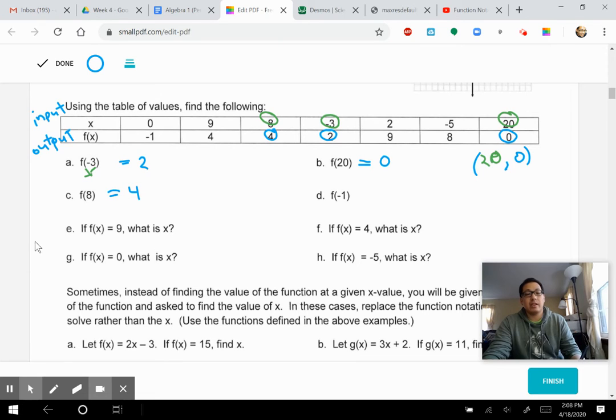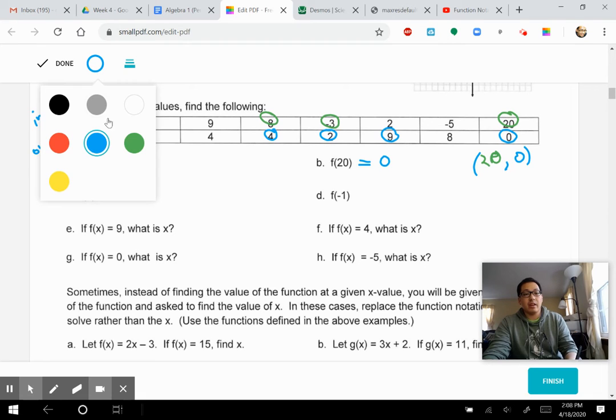Now here's a slightly different question. We could ask, if f of x equals 9, what is x? So does that mean we're looking for where the input is 9? Would it be 4? Well, not quite, because now it's f of x equals 9. So now we're looking at when the output is 9, what is the input?